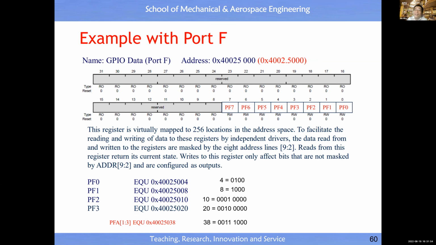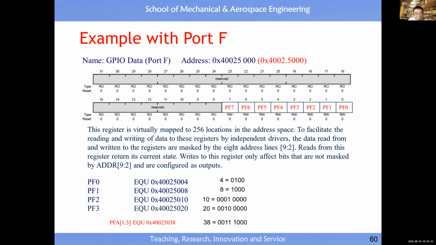How about the data bit connected to pin 1 of port F? Then you must write the A in this, A or 0A in hexadecimal. In binary number should be 100. All right.